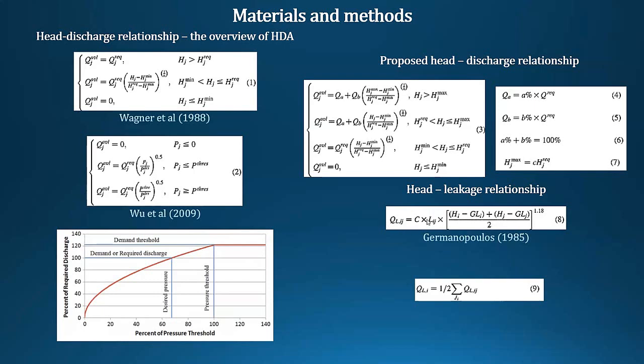C is a constant, Lg is the pipe length, and Hi and Hj are hydraulic heads. Finally, GL is the ground levels. The total leakage discharge for each node of the network is determined by this equation, equation 9, where this term is the leakage at node i, and this is the total number of nodes connected.